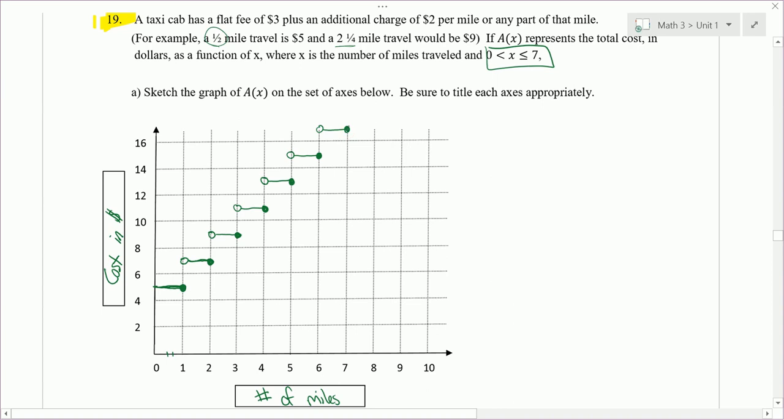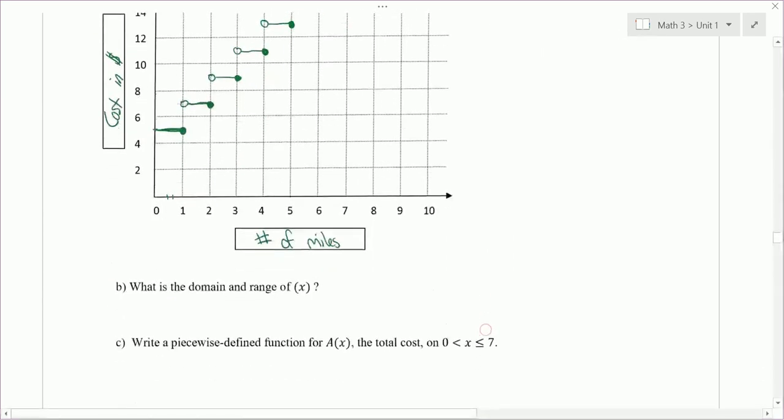And we'll stop there. Part A asks us to sketch the graph, and that's what we just did. Be sure to title each axis appropriately. We did that as well.